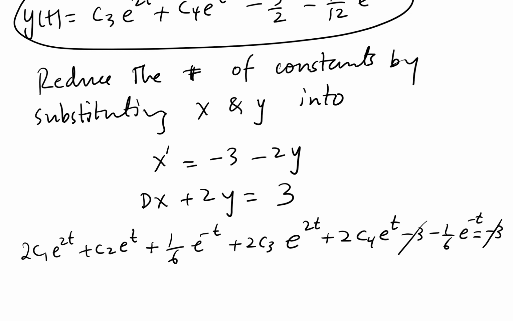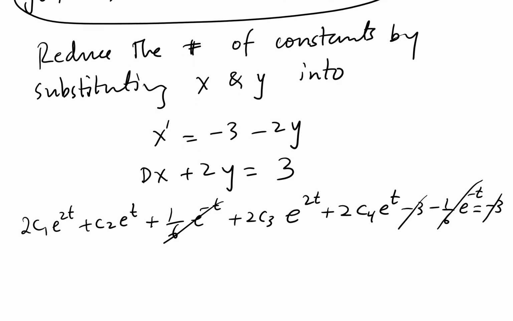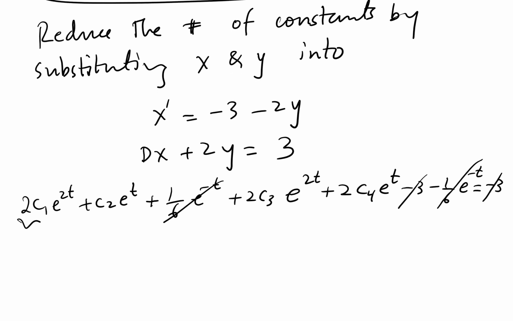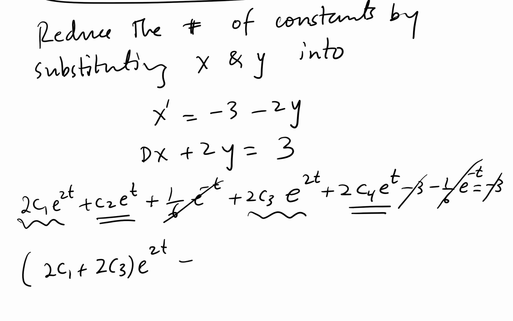Notice negative 3 cancel each other. These cancel each other. Now we collect the ones for the e to the 2t and e to the t. So we have 2c1 plus 2c3 e to the 2t, c2 plus 2c4 e to the t equals 0.